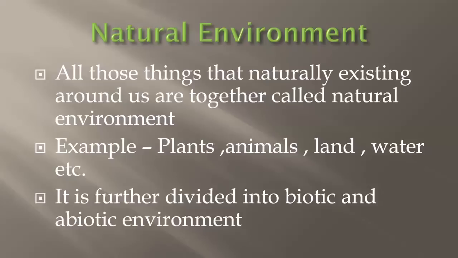Now let's start with the first type, the natural environment. All those things that naturally exist around us are together called the natural environment. Examples: plants, animals, land, water, etc. It is further divided into biotic and abiotic environment.